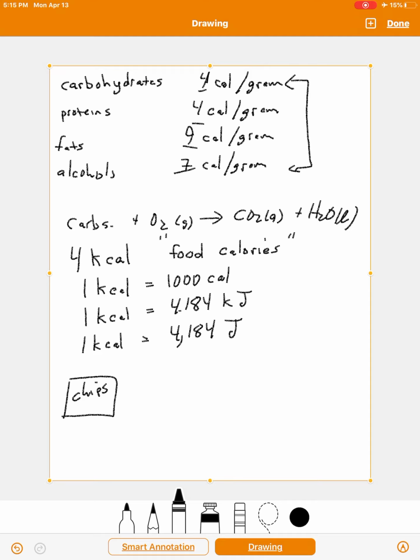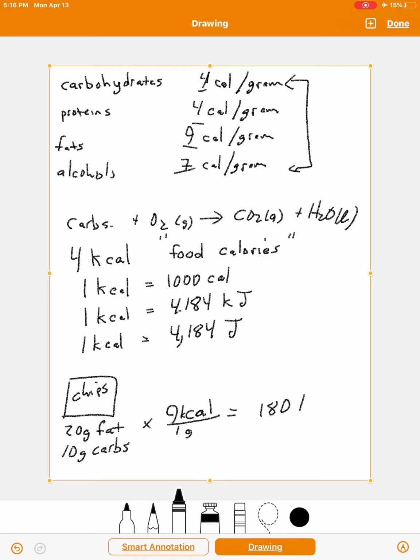So let's say you eat a bag of chips, and that chips has 20 grams of fat and 10 grams of carbs. I don't think chips have much in the way of proteins, right? Or alcohols for that matter. So if you wanted to calculate how many calories that would be, you would take 20 grams of fat times 9 kilocalories per gram.